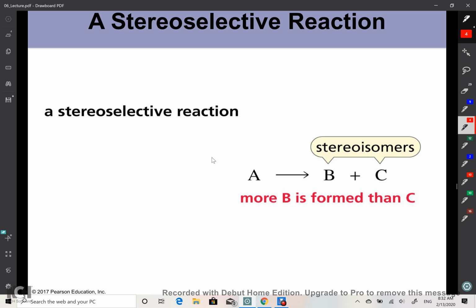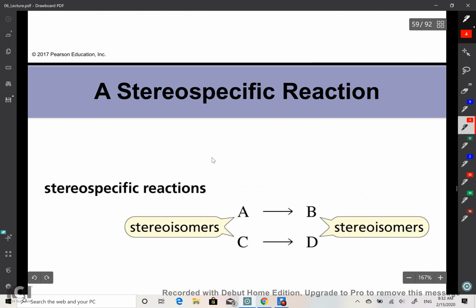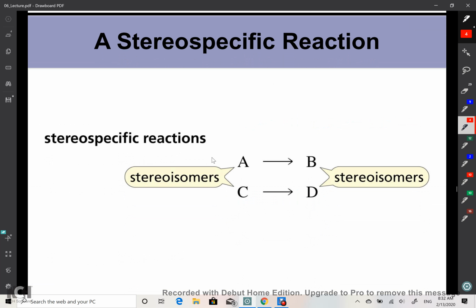Does that make sense? And then, in addition to stereoselective, there's stereospecific. That to produce a specific stereoisomer, you need to start with a specific stereoisomer. Means that A can only produce B, and C can only produce D. Although A and B are stereoisomers, let me explain that in detail. If I have a double bond, I will have the trans of the double bond, and I can also have the cis counterpart.